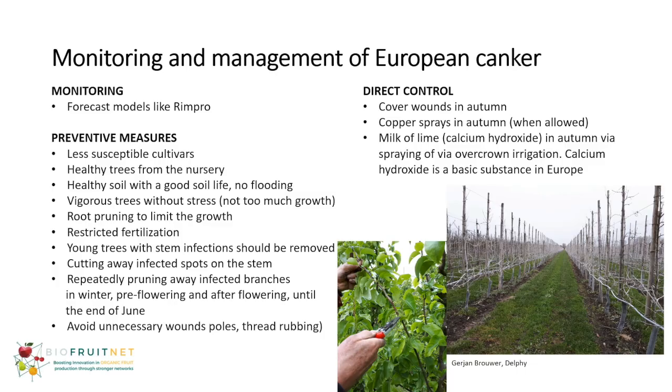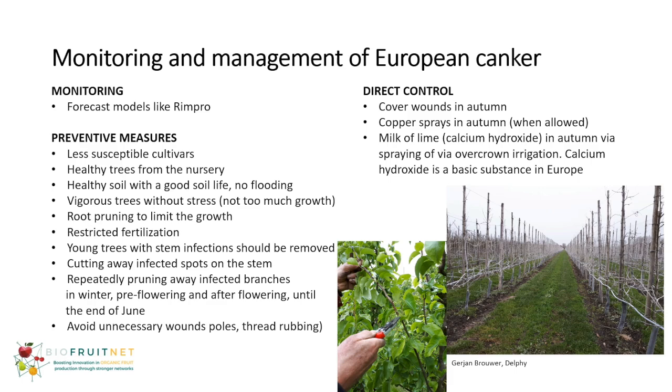A healthy soil with a good soil life, no flooding of water, because it's very important that the roots can be free of water. Vigorous trees without stress and not too much growth. Use root pruning to limit the growth. Restricted fertilization, not too much fertilizer.